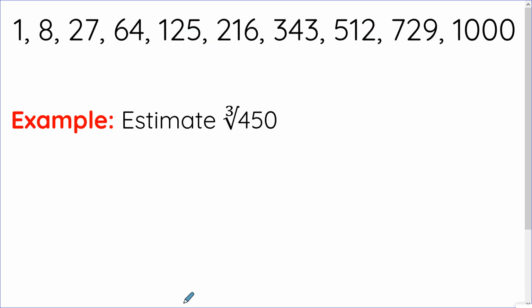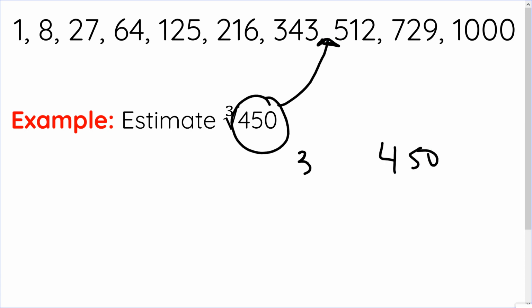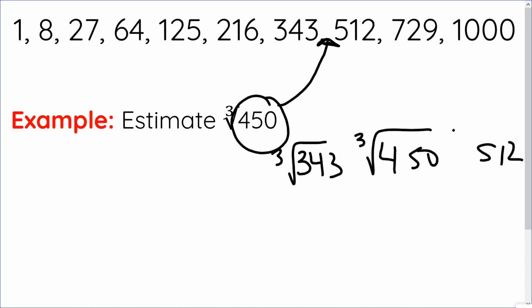Let's try one more example, cube root of 450. So 450, not a perfect cube, but it's in between these perfect cubes. So since 450 is in between 343 and 512, I know the cube root of 450 is in between the cube root of 343 and the cube root of 512.